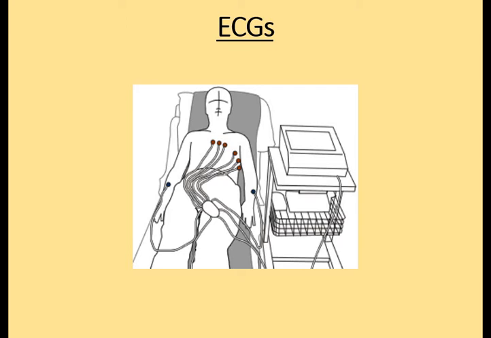Now some ECGs have different numbers of leads, it just depends on what you're looking for exactly. But all of them will be placed in specific points in order to measure electrical activity, and they're not directly measuring the heart itself. What they're measuring is tiny changes in electrical activity within the skin that are a result of the electrical activity in the heart, and it will compare the electrical activity in one place to another.